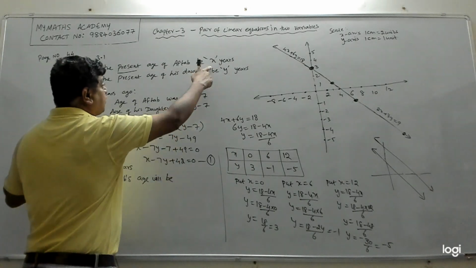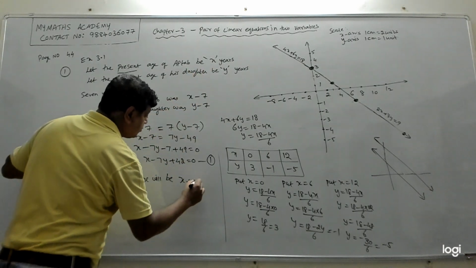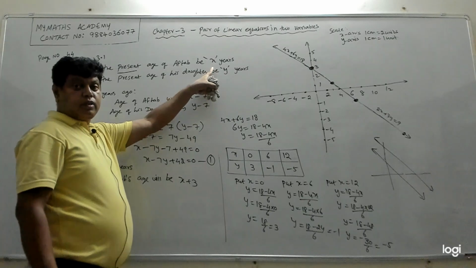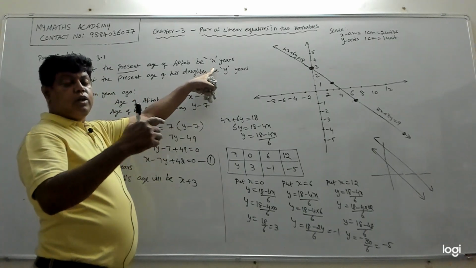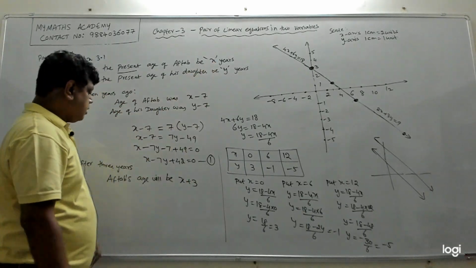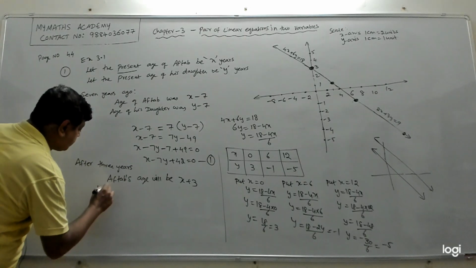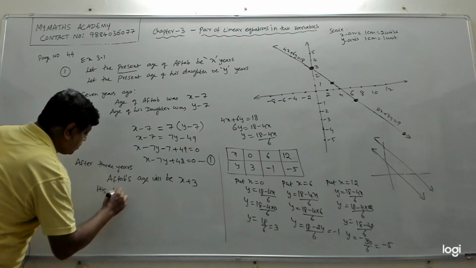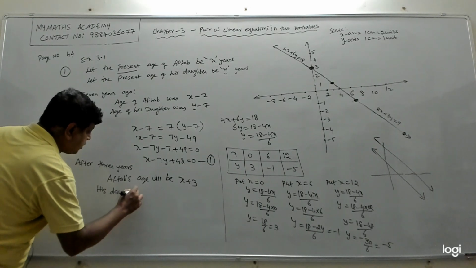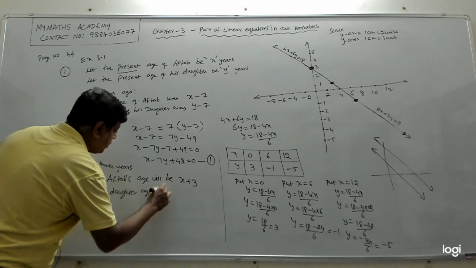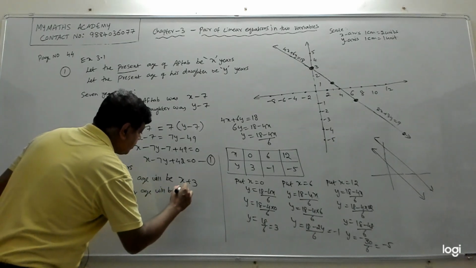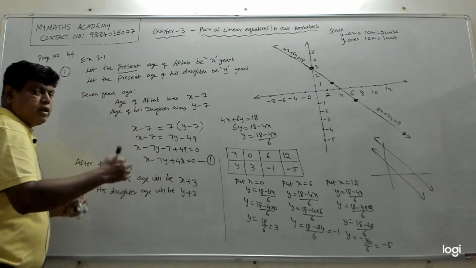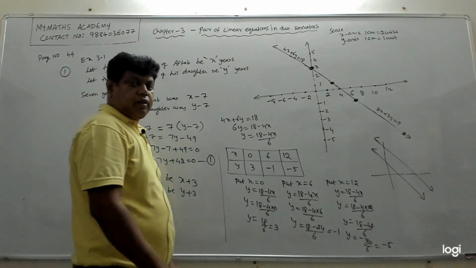His age is X. After 3 years, he will become X plus 3. You always take the present age and add 3 to that, then you will know his age after 3 years. Now similarly his daughter's age will be Y plus 3. After 3 years she will be Y plus 3.